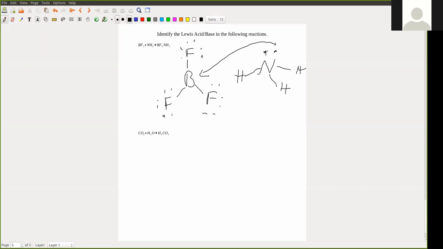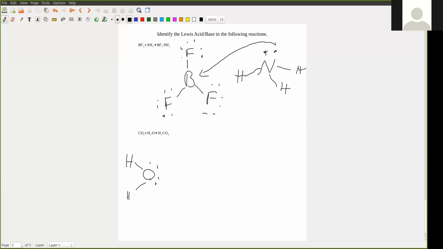Slightly more complicated, but also not, I mean, none of these are very complicated if you actually draw out the Lewis structure, would be the reaction between water and carbon dioxide. So for water, you have oxygen with 2 hydrogens and 2 sets of lone pairs on it.